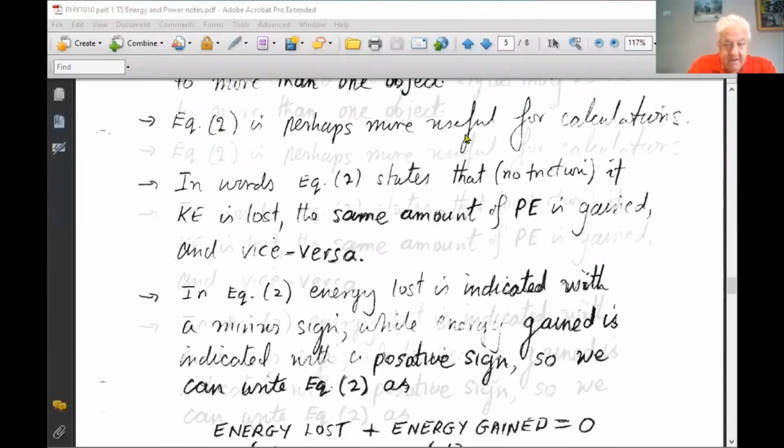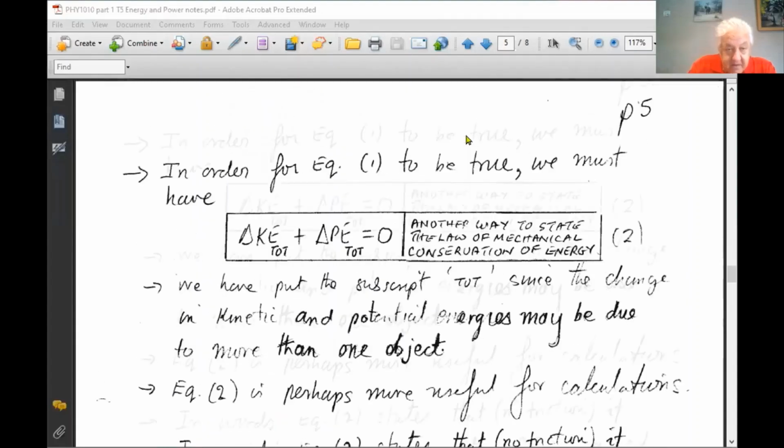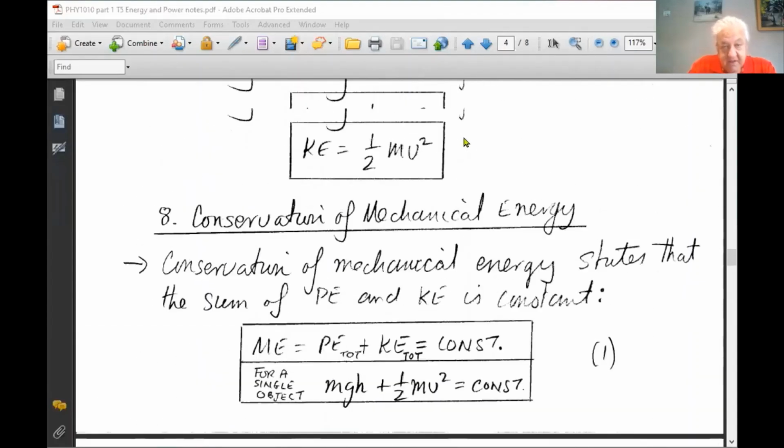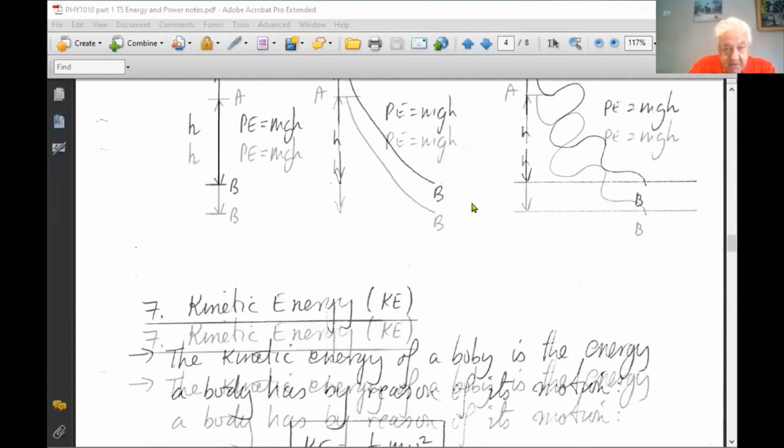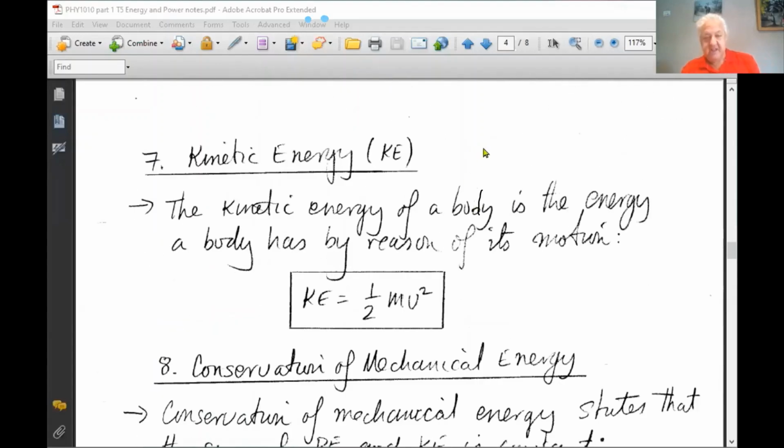Let me go back to my notes. This is basically, yes, conservation of energy. But first, kinetic energy. Basically, we said the potential energy is stored energy.